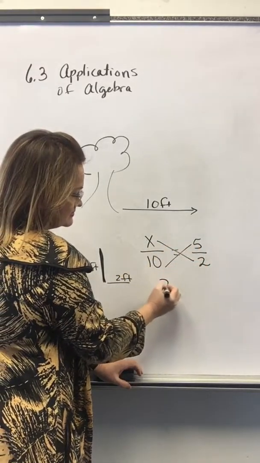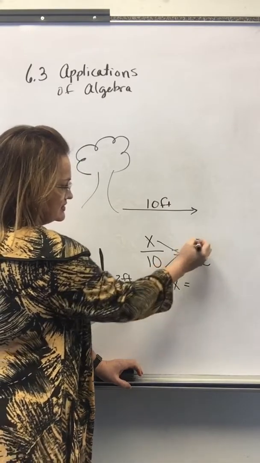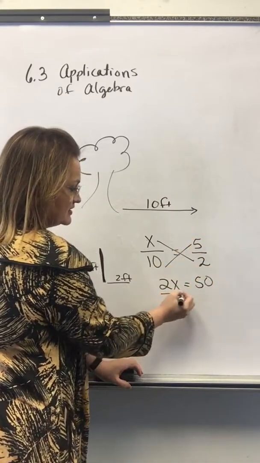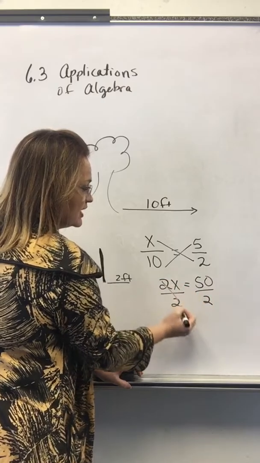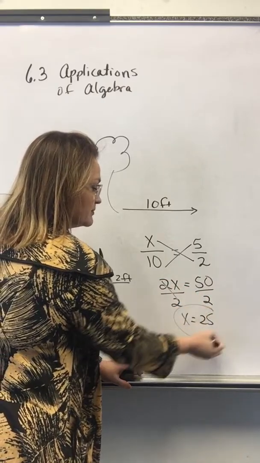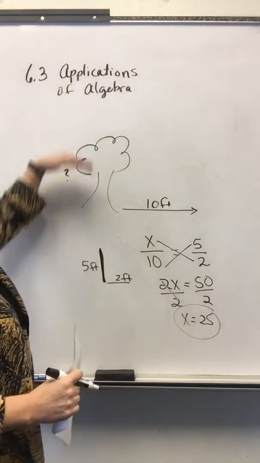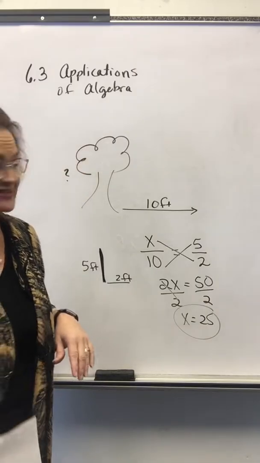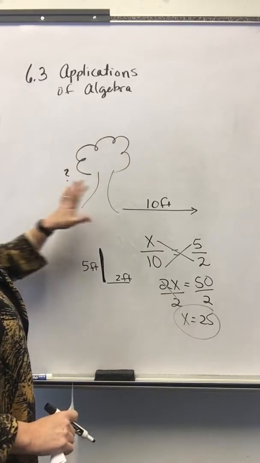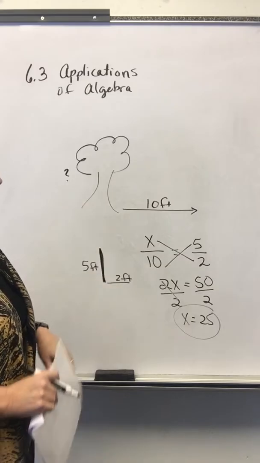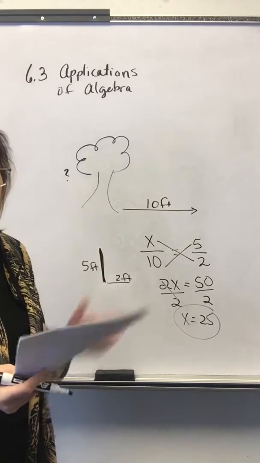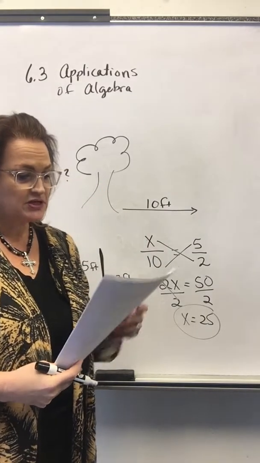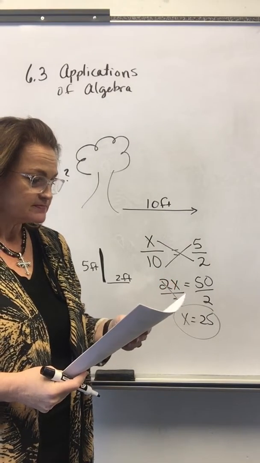So I'm going to say x times 2, that's 2x. 10 times 5, that's 50. And then divide by 2, and we should then know this tree should be about 25 foot tall, something we couldn't have measured with our yardstick, right? We would have had a hard time measuring that, but these things are measurable. And so that's a strategy for measuring tall objects by measuring their shadows or estimating.